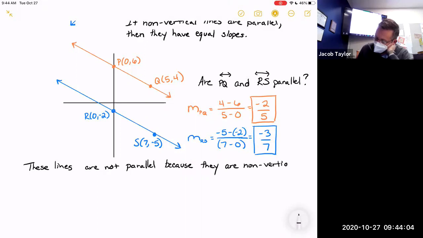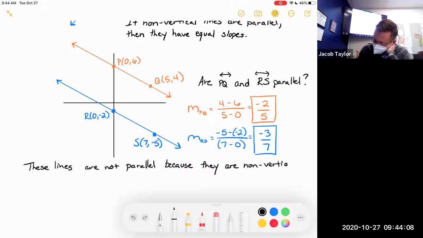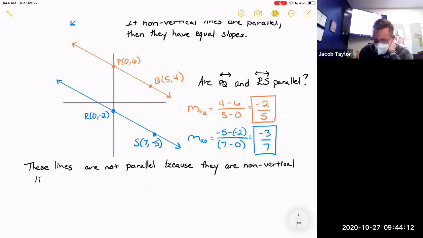So I was right. Non-vertical lines with unequal slopes. And if there's one thing we're all about with parallel lines, it's equality.